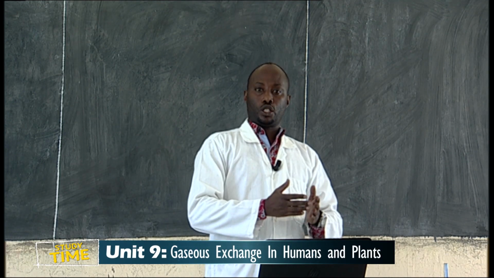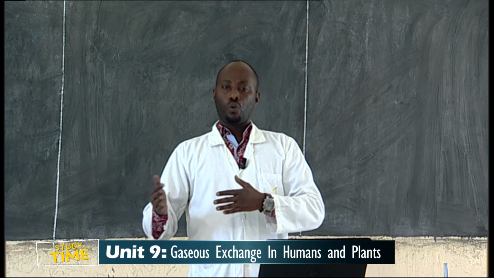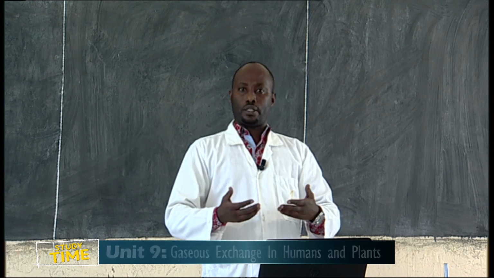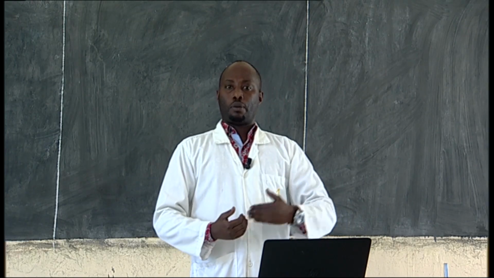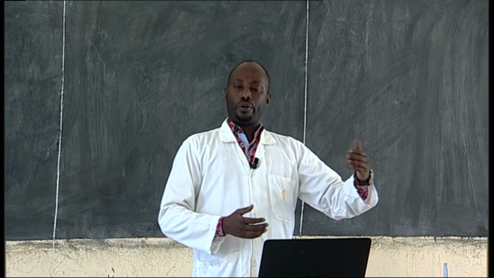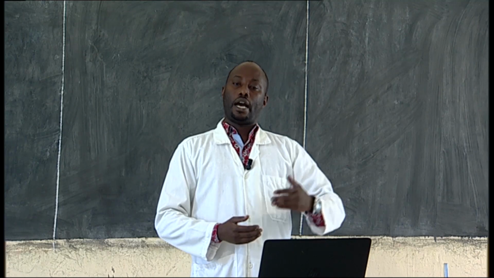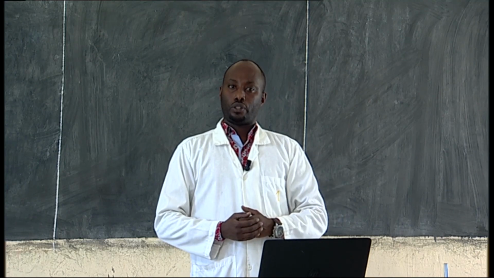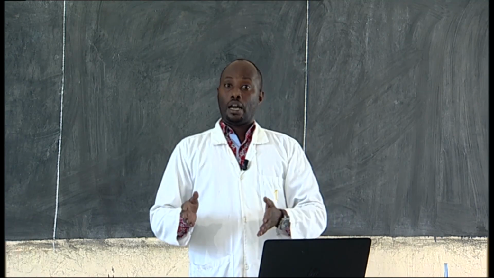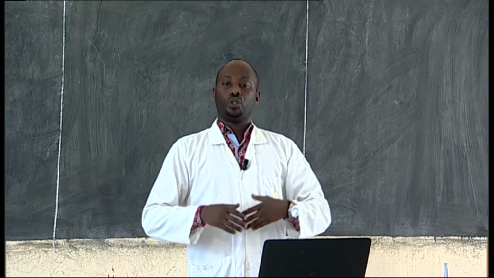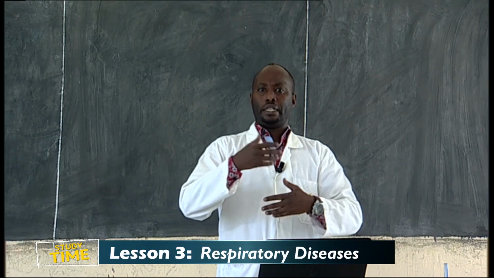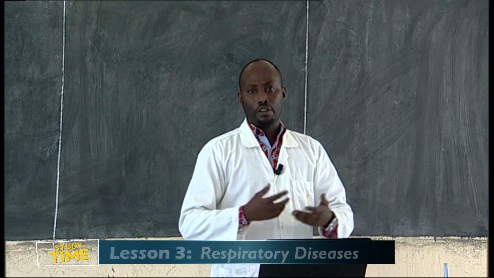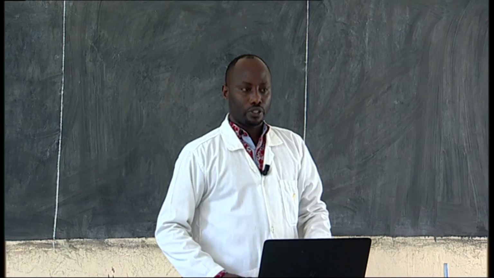When you stay with people who are smokers, you are likely to suffer from chronic bronchitis, and when you are a smoker, you also have a high risk. The last one is to avoid polluted air. People who work in industries are likely to suffer from chronic bronchitis.